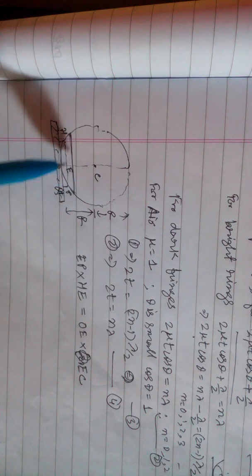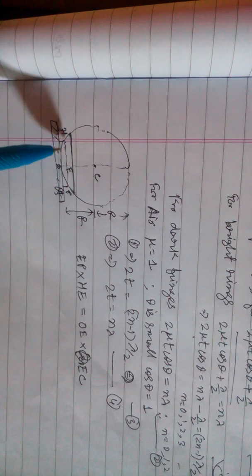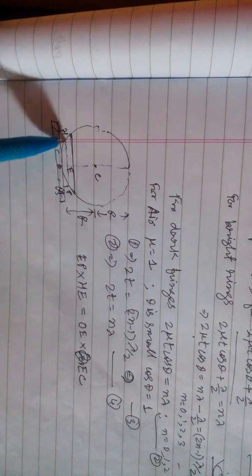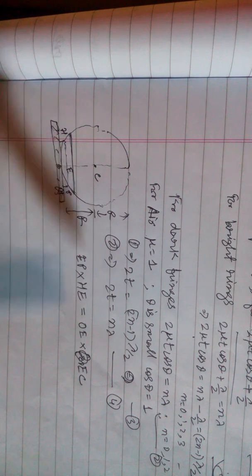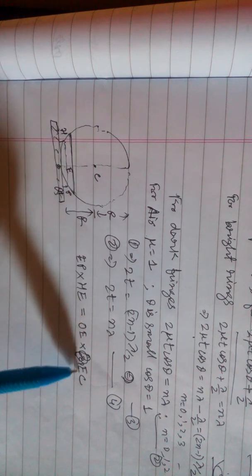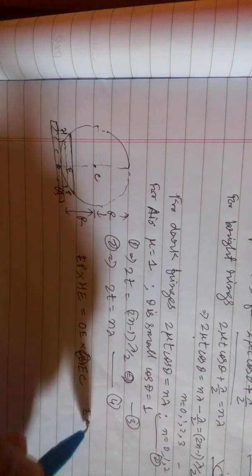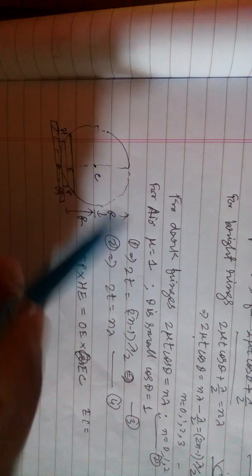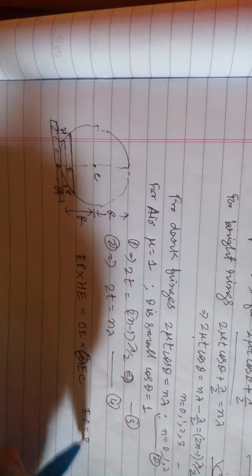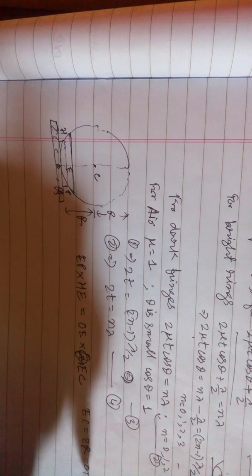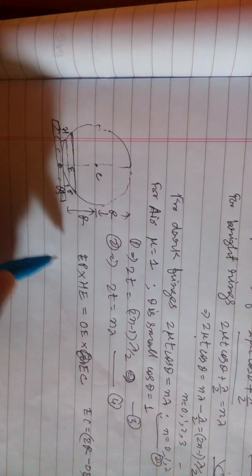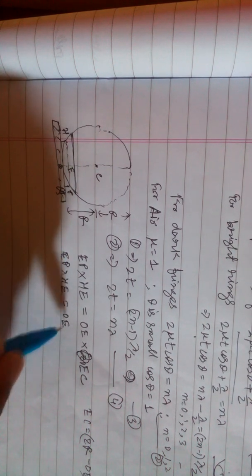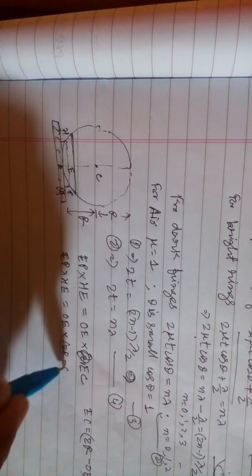If two chords intersect, we can write the products as equal. So EP into HE equal to OE into EC, where EC is nothing but twice r minus OE. So we can write EP into HE is equal to OE into (twice r minus OE).